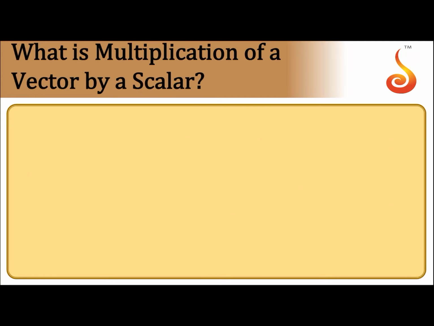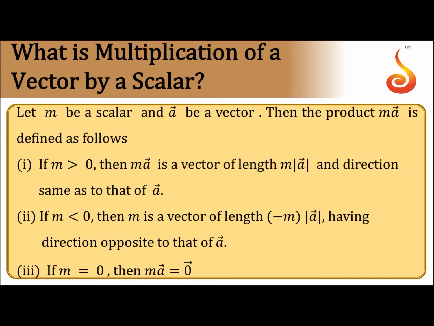What is meant by multiplication of a vector by a scalar? Multiplication of a vector by a scalar. If M is a scalar and A bar is a vector, then the product M into A bar is a vector which is defined as follows.